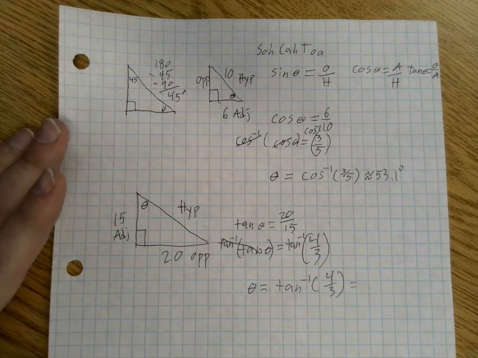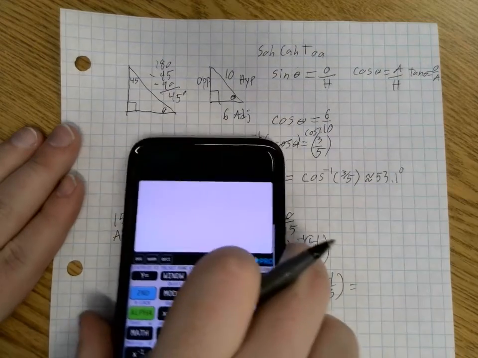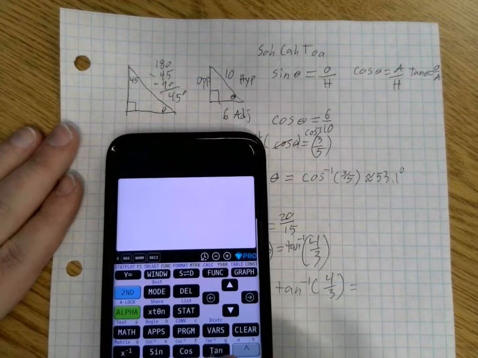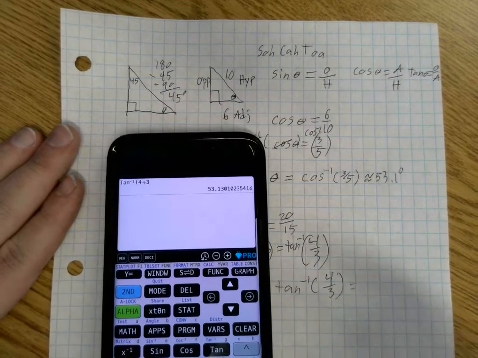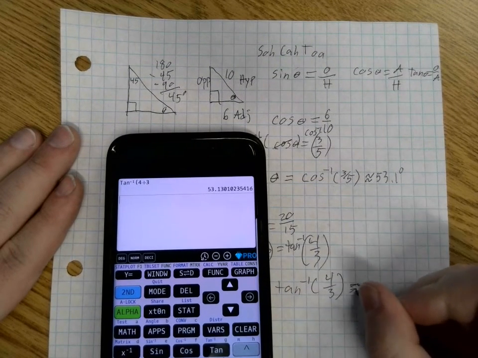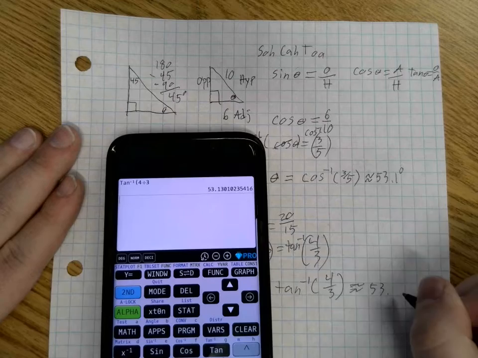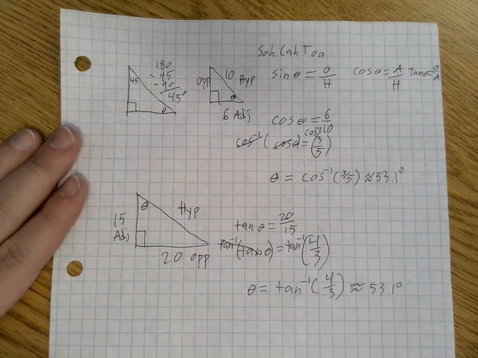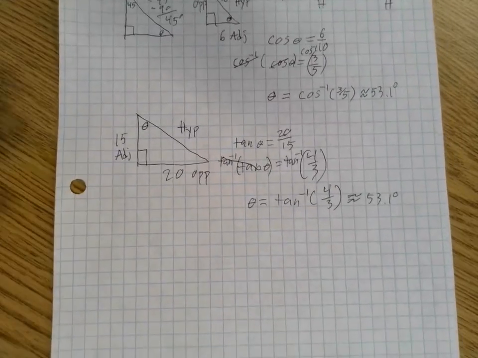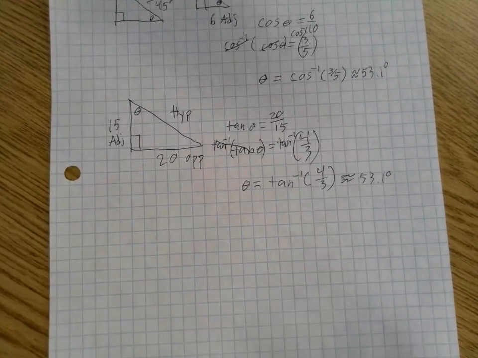Then bring in our calculator: second tan of 4 divided by 3. And it works out to 53.1 again. There you go.